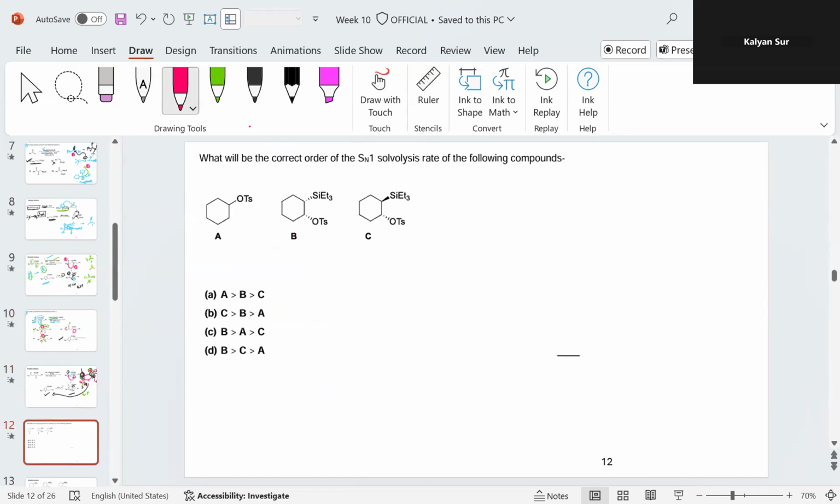In the next question, what will be the correct order of SN1 solvolysis rate of the following compounds?